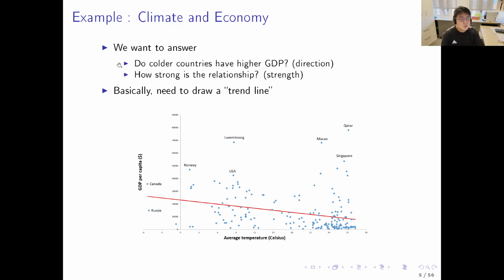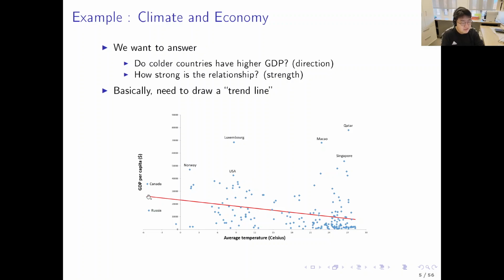And then to answer those questions, what we want is to draw a trend line. By drawing a trend line, we can answer both questions. First, we draw a trend line like this. The red line is the trend going through the center of the dots.